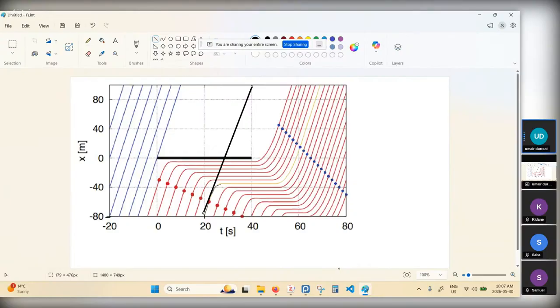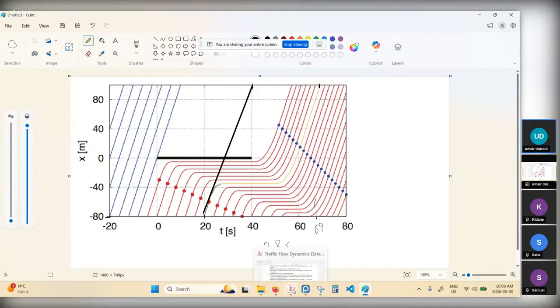So that's 40 seconds. But this trajectory actually ended here, which is about, I would say, 68 seconds. So if it is 68 seconds and this is 40, then the difference between them is 28 seconds. So that's what I would say is the travel time delay.